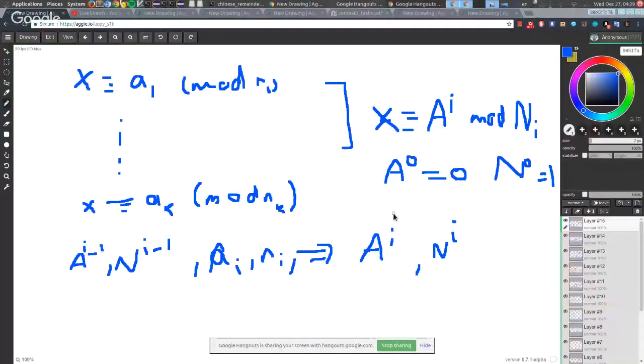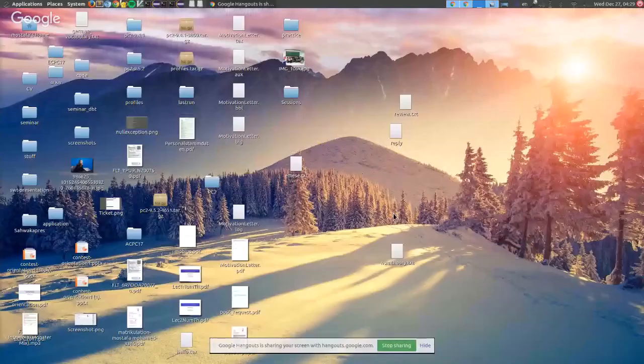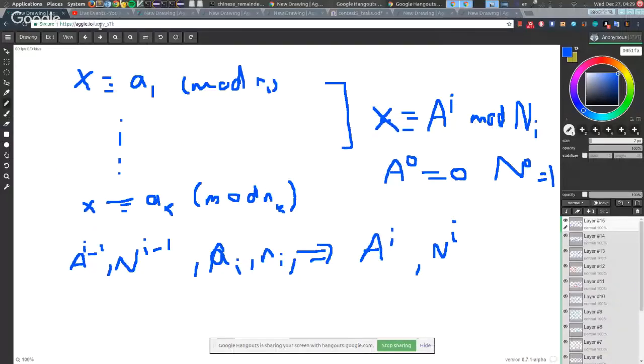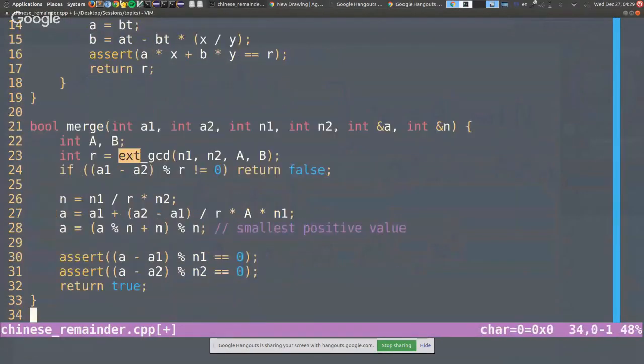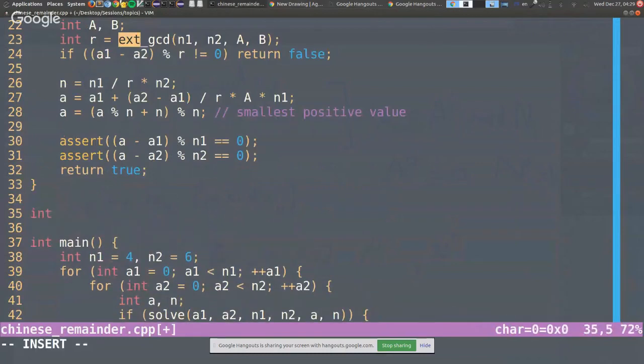So here we can go to the code and basically call this merge here. Here we have a vector of the A's and the vector of the N's.